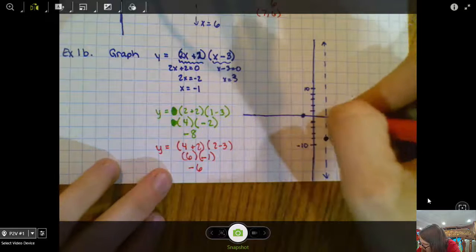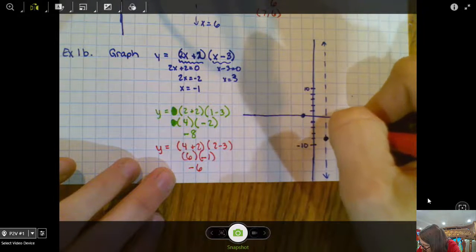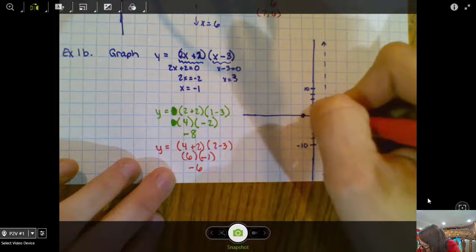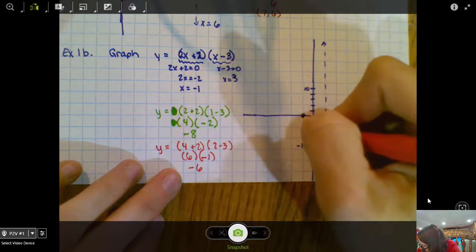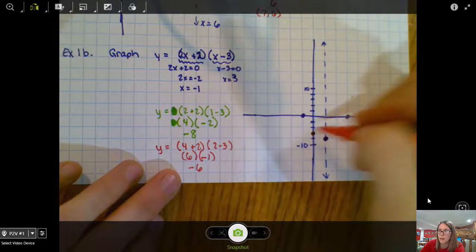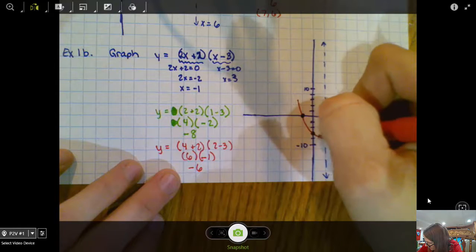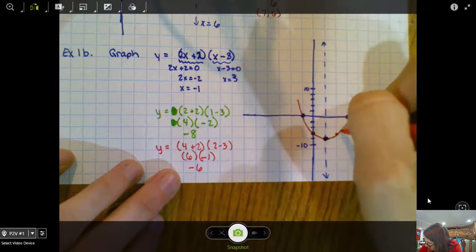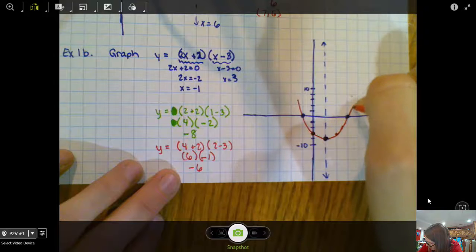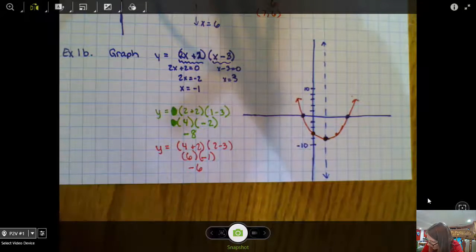So 2, negative 6 is also on my parabola, which means 0, negative 6 is as well, because it's the same on the other side of our axis of symmetry. Connect that. And we get our parabola.